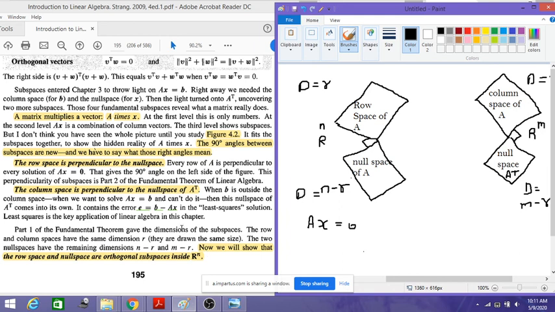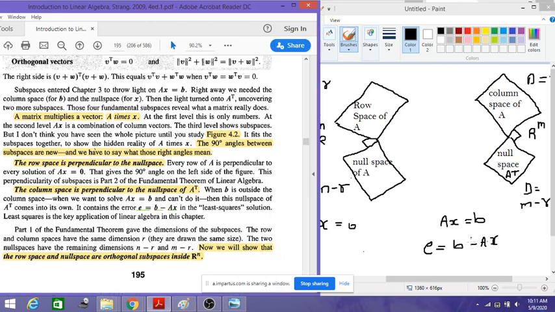When B is outside the column space, we cannot solve Ax is equal to B. When we cannot solve it, then we'll go for the error function, that is E is equal to B minus A into x. This is called the least square method, the least square solution. Then we'll go for this column space and the null space of A transpose.